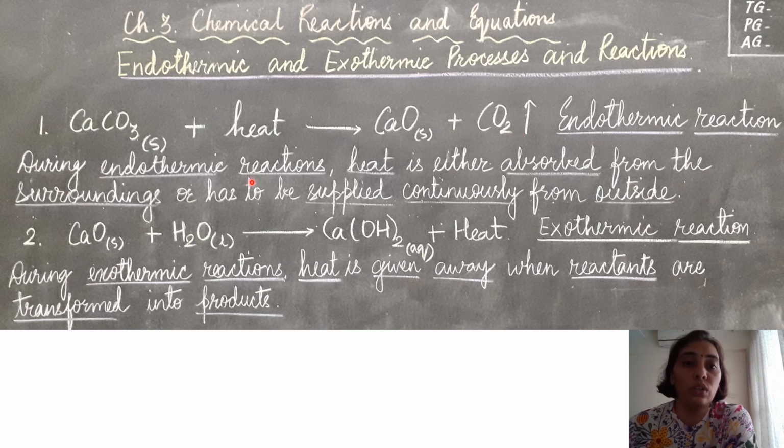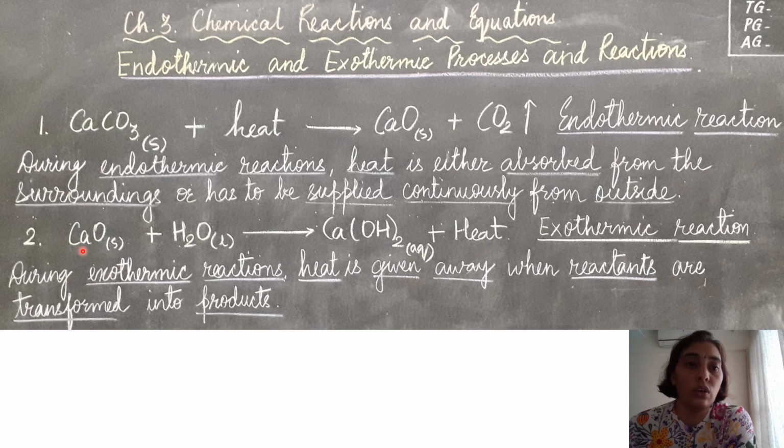So during endothermic reactions, heat is either absorbed from the surroundings or has to be supplied continuously from outside. So here we are continuously supplying the heat from outside to convert calcium carbonate into the products. Coming to the second example, that is calcium oxide and water, and it is going to give us calcium hydroxide and heat.